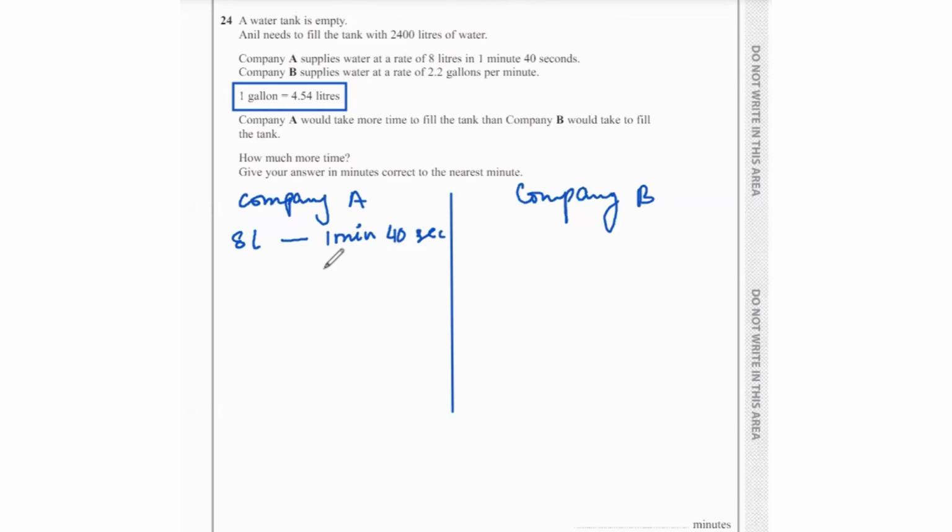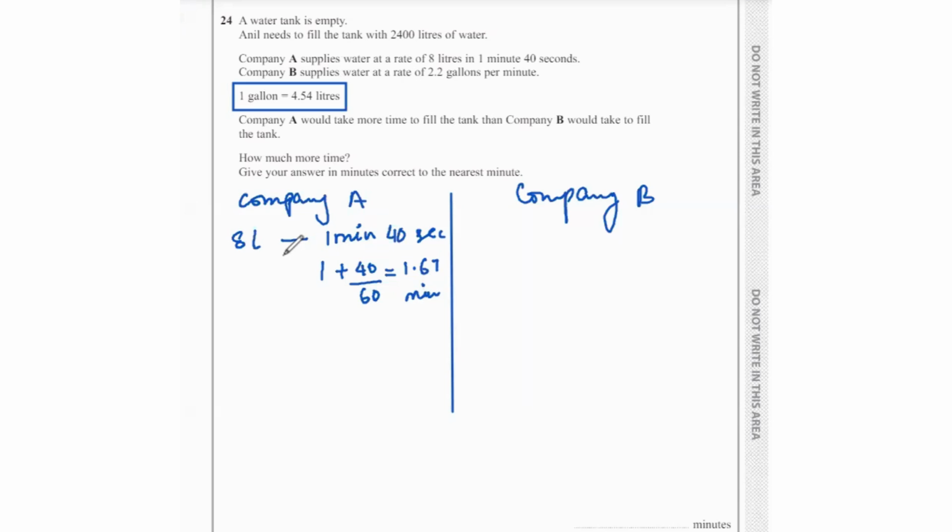So that's going to be 1 plus 40 divided by 60, which is 1.67 minutes. So 8 liters are supplied in 1.67 minutes.